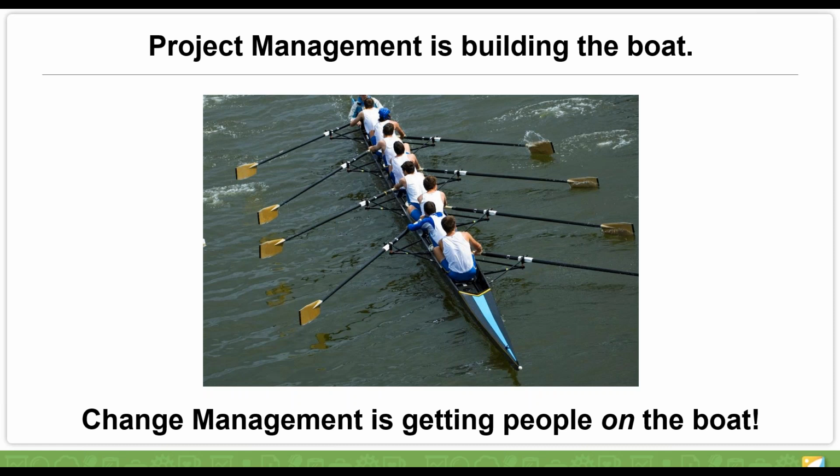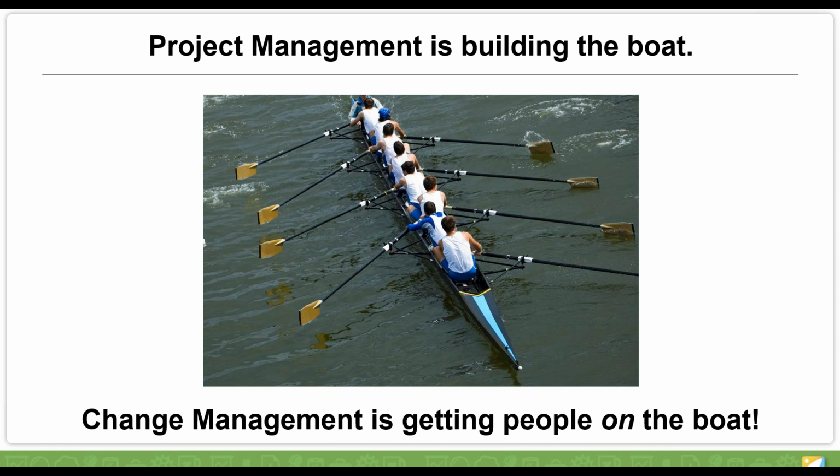So if project management is building the system and launching it, we can equate that to a project to build a boat. Project management is going to be, I need 7 people to help build this size boat that we're supposed to be building, and I'm going to need this much wood and this much canvas for the sails, and I'm going to need to eventually hire people to row.